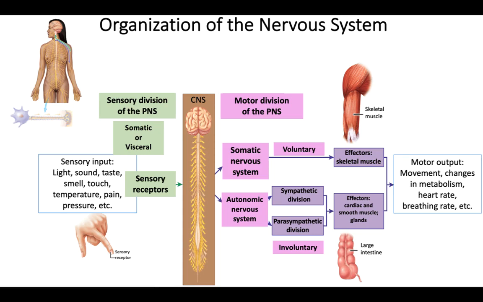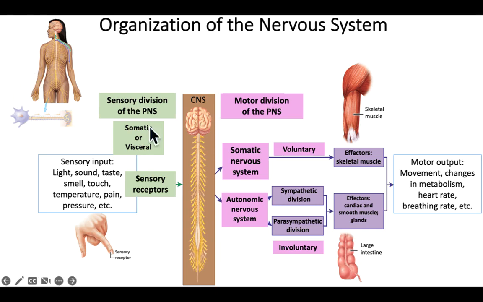Okay? So how is this all organized? Now we're getting a little more detailed on this diagram. So we still show the CNS, processing the information. On this side, it talks about examples of sensory. So we've got things like light, sound, taste, smell, touch, temperature, pain, pressure. There's all kinds of sensory things that our sensory division of the PNS can detect. We often divide it into one or the other.